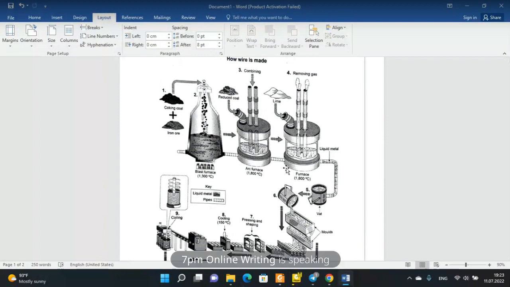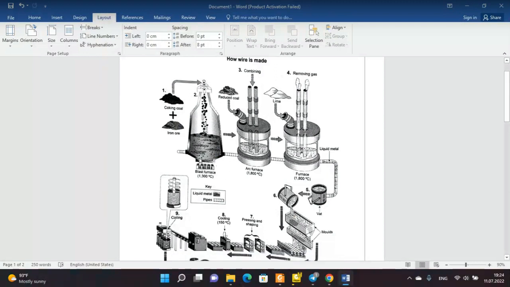So there is a better version that will get you a higher score in task response, but in order to do that, you need to look at the diagram in much more depth, in much more detail, and analyze it. So we were starting to analyze here.